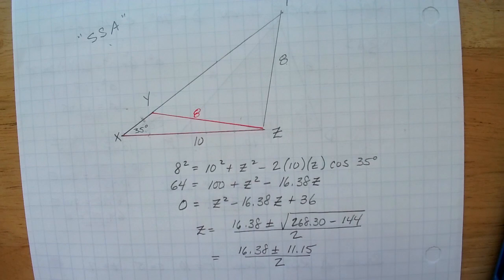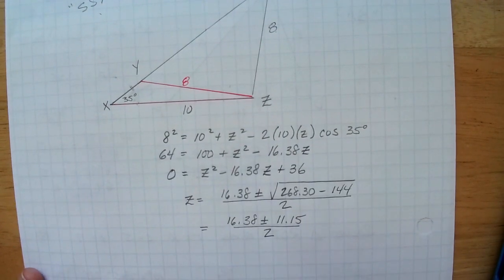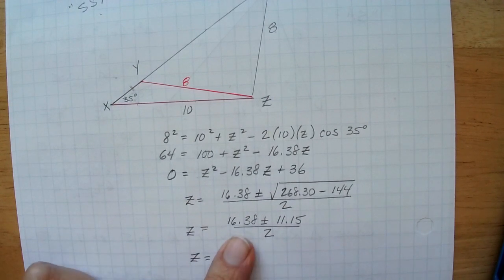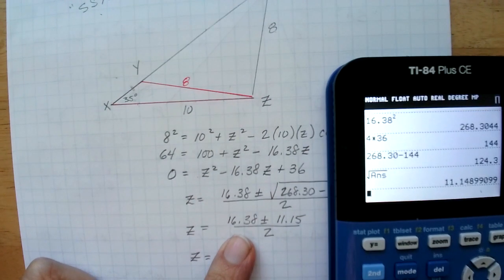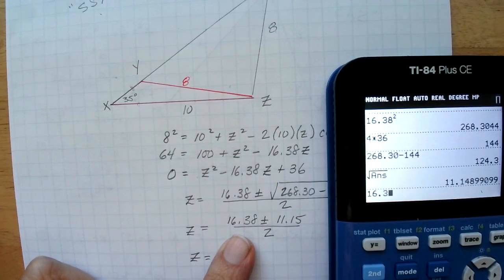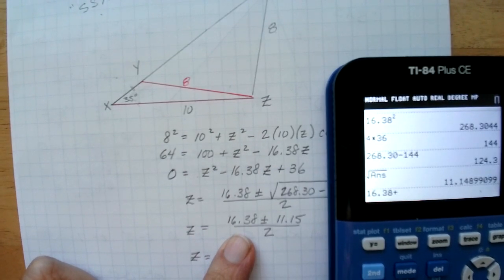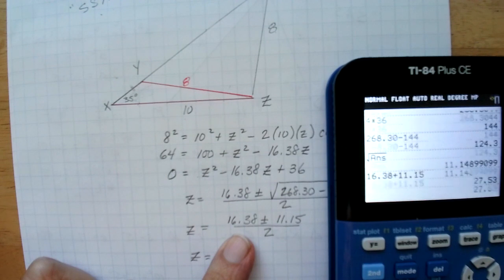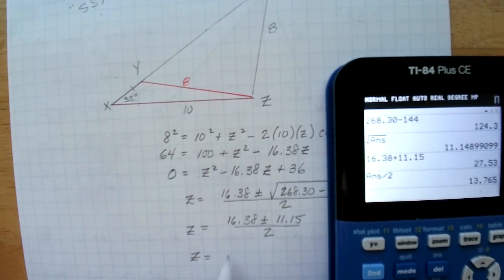So this is z equals, over 2, and now I have two cases. 16.38 plus 11.15, and then divide that answer by 2. So I get about 13.77.